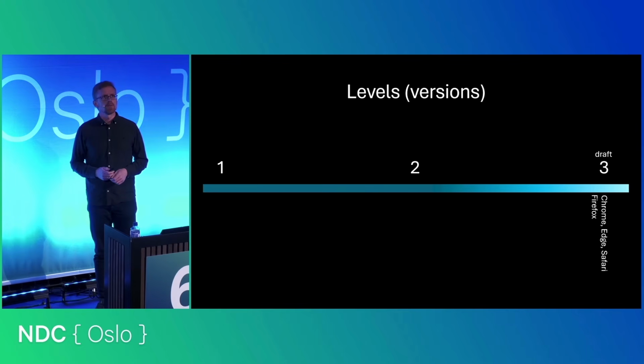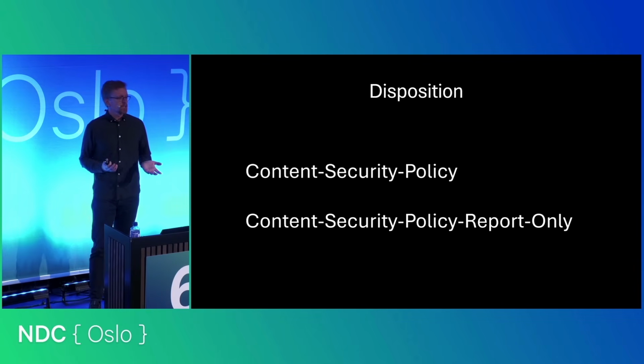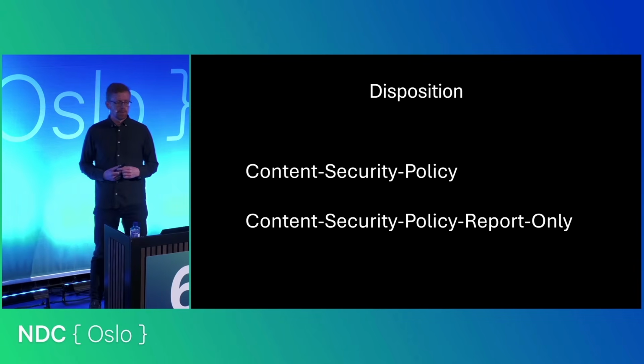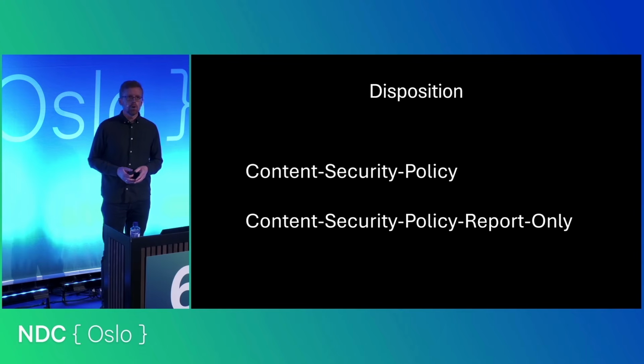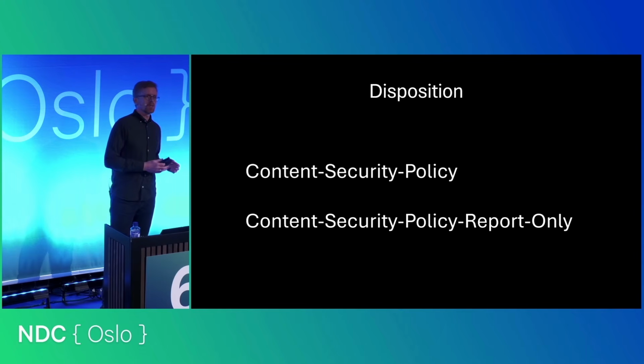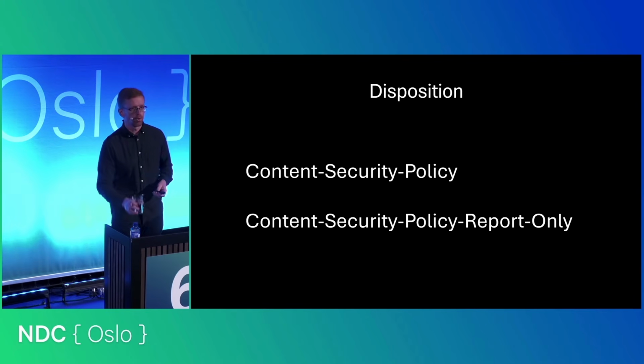Firefox is just missing a few minor details. Disposition is another thing we need to know about. You can either have content security policy, which is the enforced version, or content security policy report only, which is a non-enforced version, which just reports, so you know what would go wrong if you enforced it.